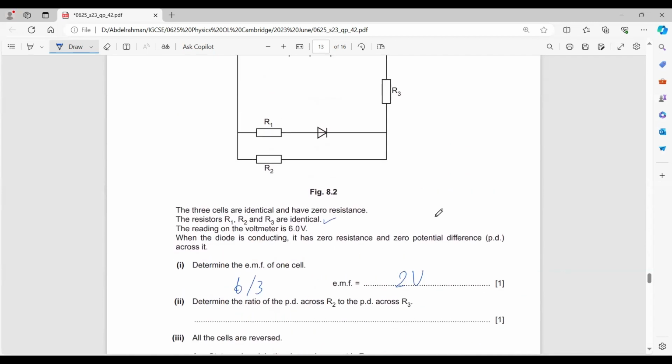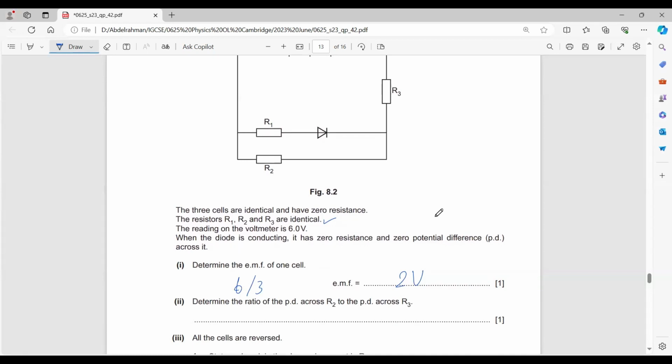Can someone tell me how we should solve this question? R2 compared to R3: not what's the resistance, but what's the potential difference of R2 compared to R3?